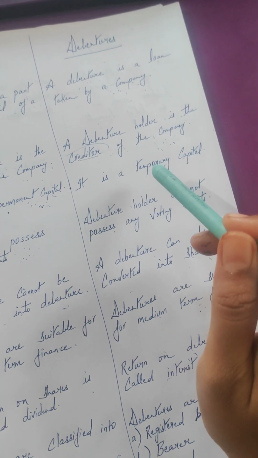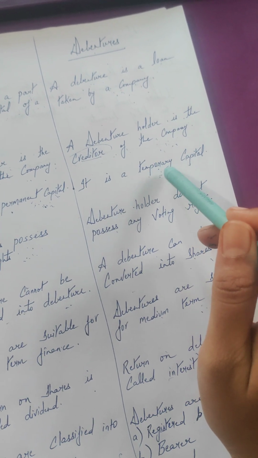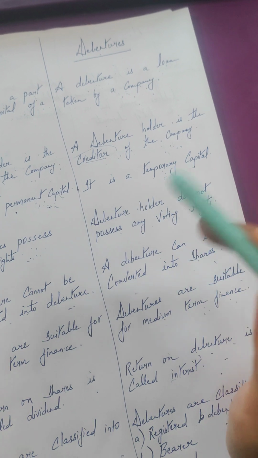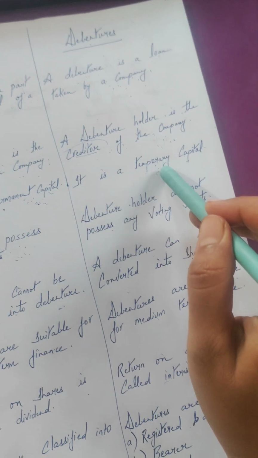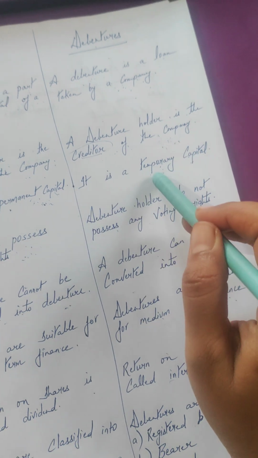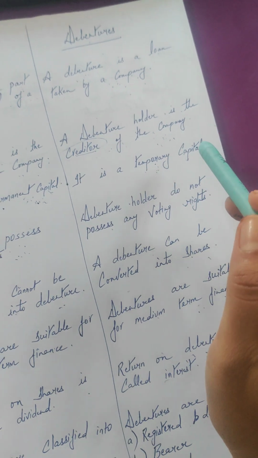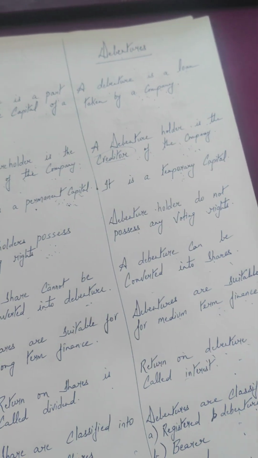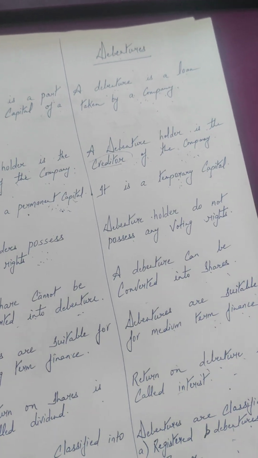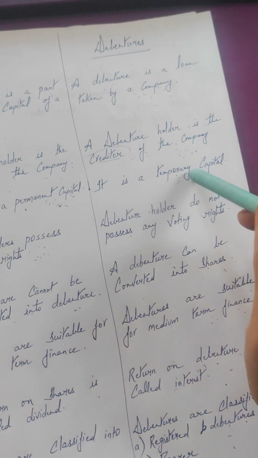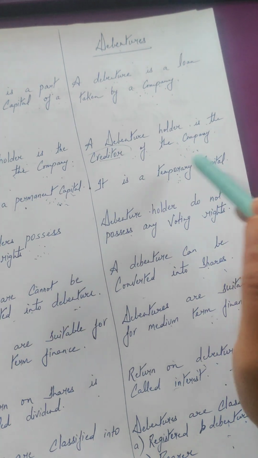Because we are taking the loan, and we are not going to take it for a long-term period. We have to repay it after a specific period. Like we are taking the loan for 5 years, for 10 years. After the specific period, we have to repay the loan. That is the reason it is a temporary capital.